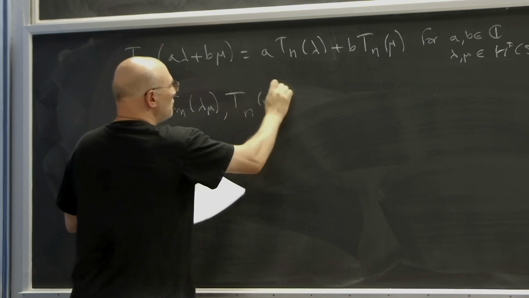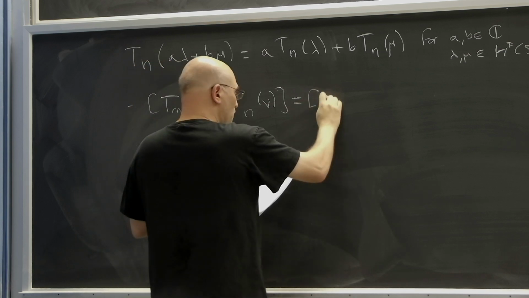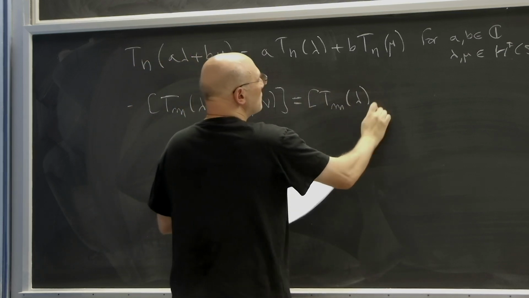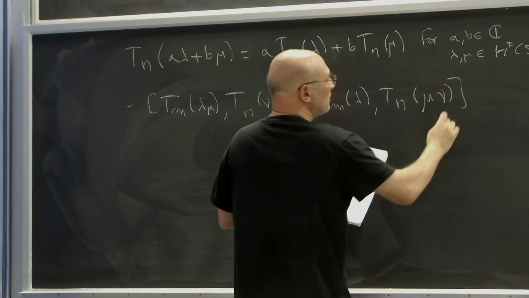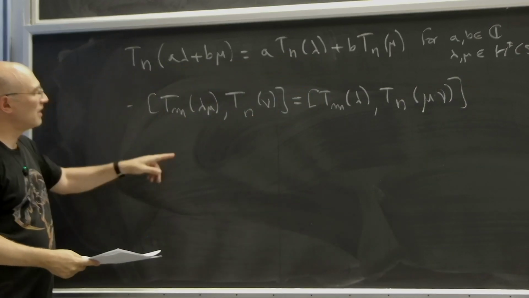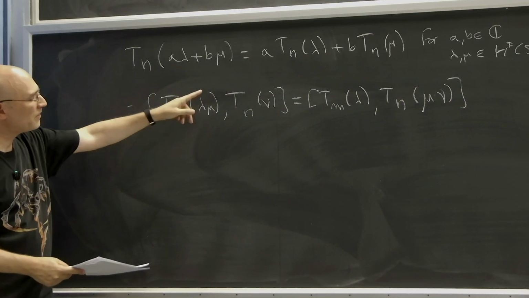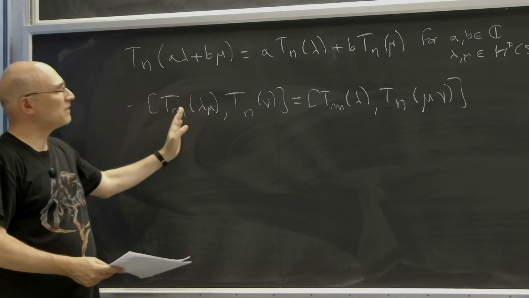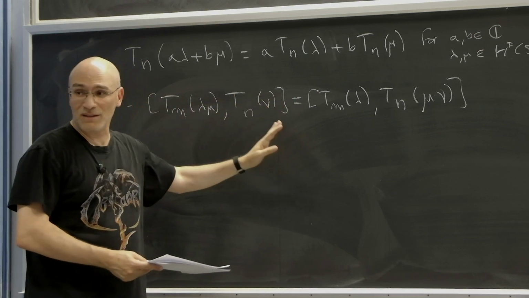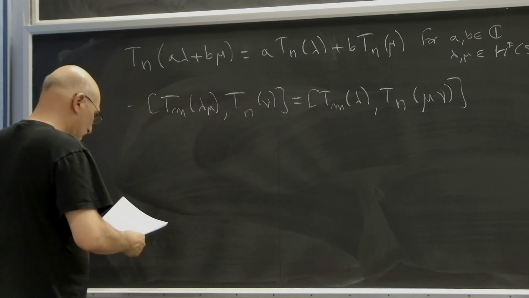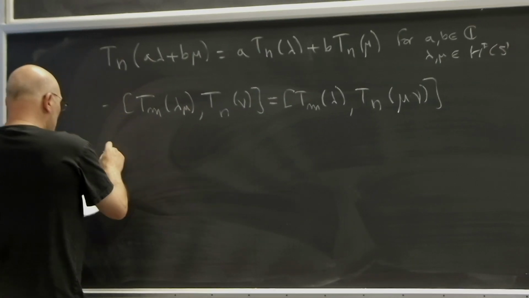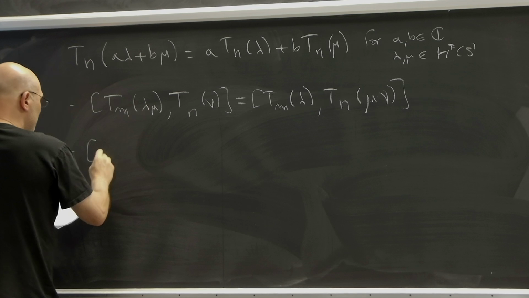The commutator of T_m lambda and T_n mu is T_m T_n of lambda mu. So when you start doing commutators, the only thing that really matters is the product of the cohomology classes. Okay, and then that's the easy one.